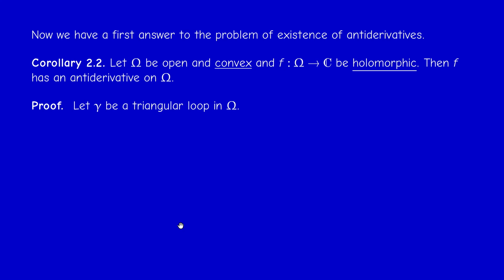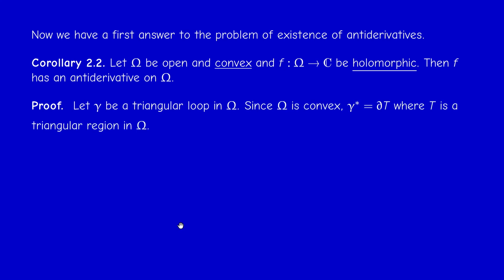But since we have now two things, we have to be precise here, because we have the concept of triangle loop and the concept of triangle region. So if you take a triangle loop in omega, since omega is convex, as you observed earlier, then the triangle loop is actually the boundary of a triangle region totally contained in omega. Because there's no hole. This is the intuitive reason, if you like. But we proved that.